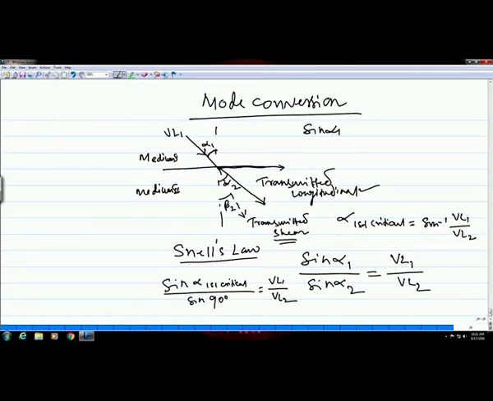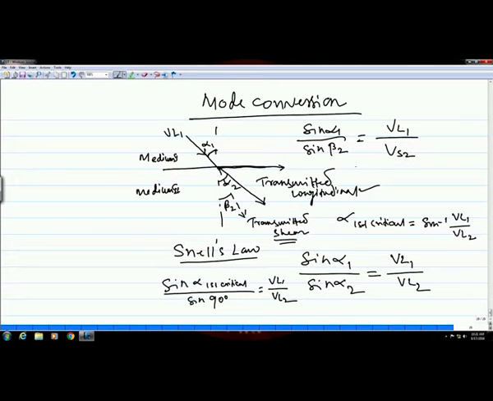So, this relationship between the incident angle alpha 1 and the transmitted shear wave angle beta 2 is given by again the ratio of the velocities, that is V L 1, and this beta 2 corresponds to the shear wave in medium 2. So, that means, this is the velocity of shear waves in medium 2, which we will call as V S 2. Okay.